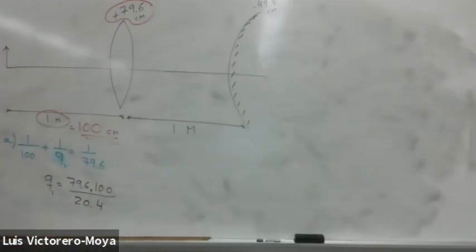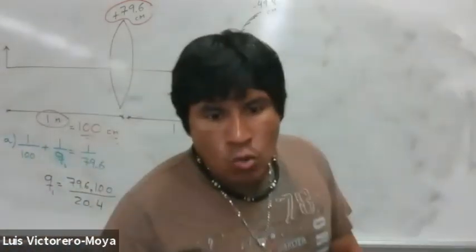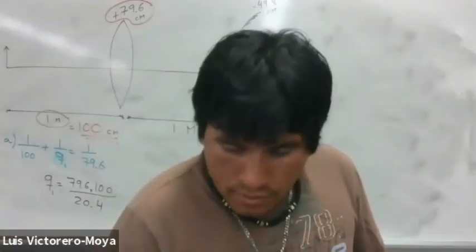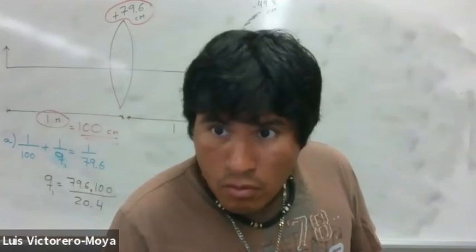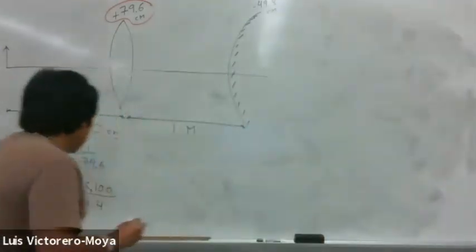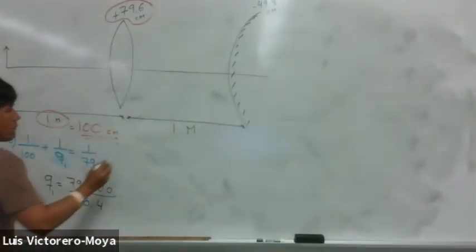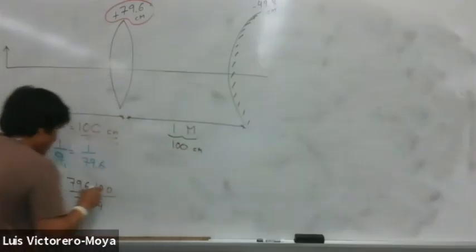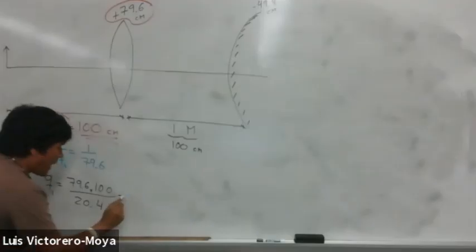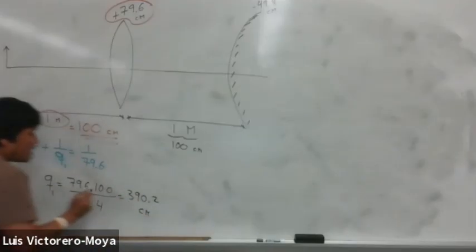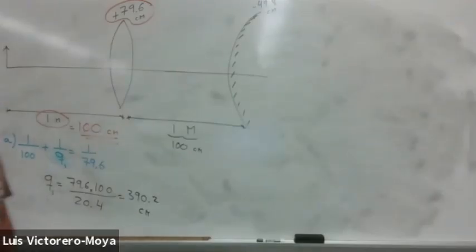That's my answer, right? And look what we get if we do our calculations. So I will get 390.2. So this is 100. But this is 390.2 centimeters. So what is that telling you?